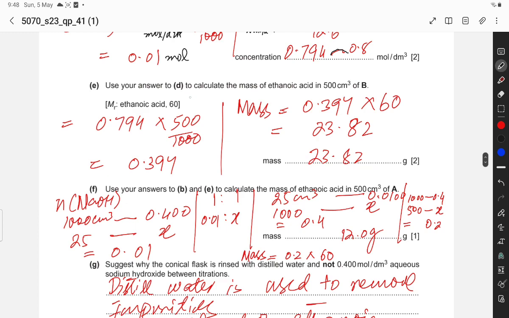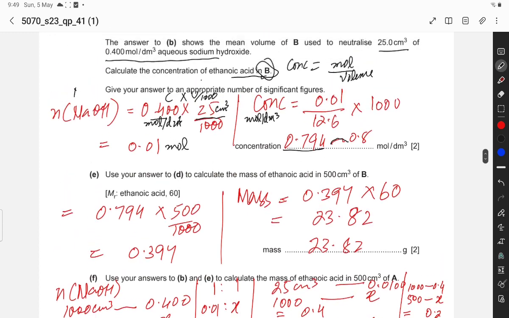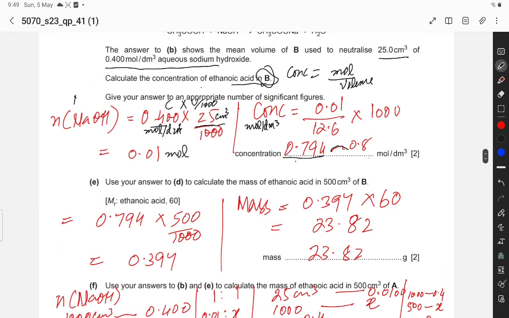Use your answer to D to calculate the mass of ethanoic acid in 500 cm³ of B. So this is the concentration here, D. So this is 0.794.